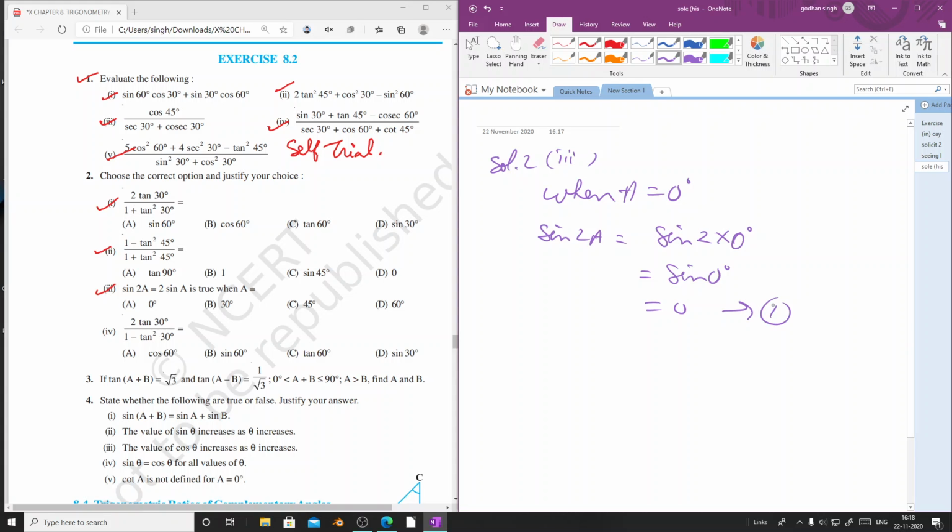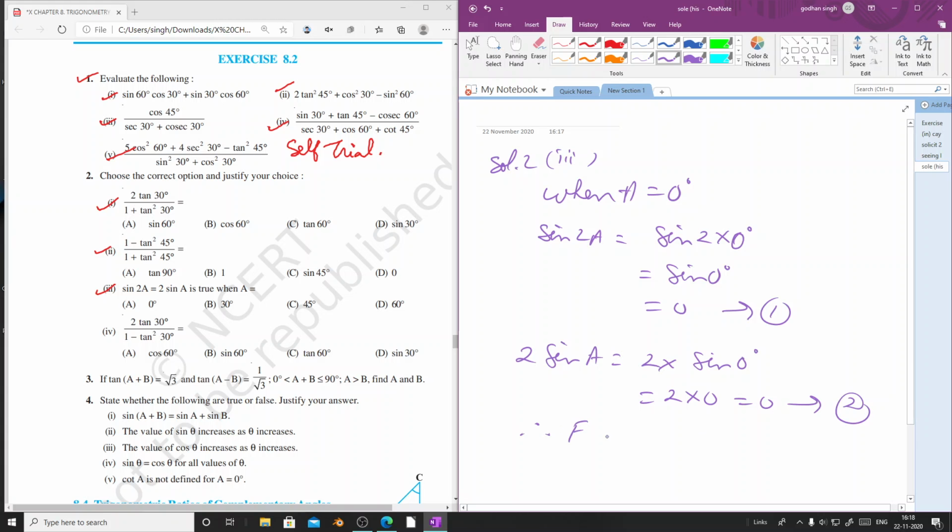So let this be 1, and let us find the value of the right hand side, that is 2 sin a. 2 sin a equals 2 into sin, we will put the value of a equal to 0 degree, sin 0 degree, and we know sin 0 is 0, so 2 into 0 will give us 0, and this will be 2.